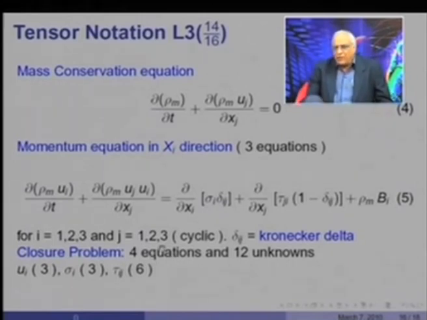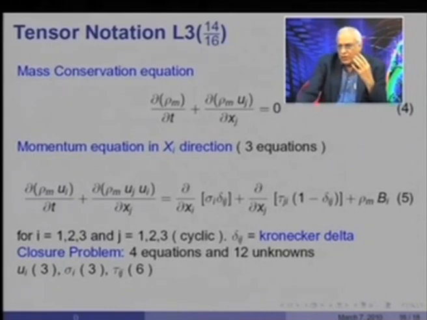But now we have a little closure problem. As you can see, these represent 3 equations, this represents 1. So, the fluid motion has been described by 4 equations, but we have many more unknowns. First of all, we have 3 velocity components which are not known. In fact, that is what we wish to determine.